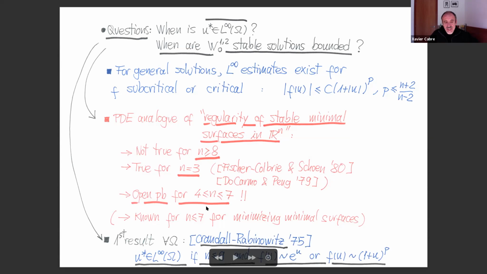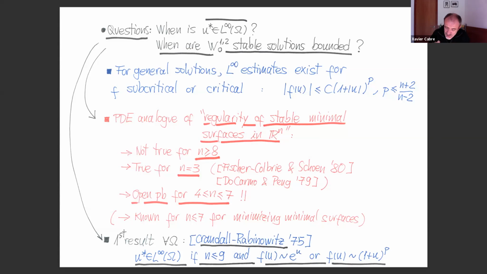And what they proved is that the extremal solution is going to be bounded up to dimension 9 if the nonlinearity is the exponential or very close to the exponential in terms of some relations needed for f prime and f second. The function f, its derivative and its second derivative should satisfy a relation that makes the nonlinearity almost the exponential, but you can perturb a little.